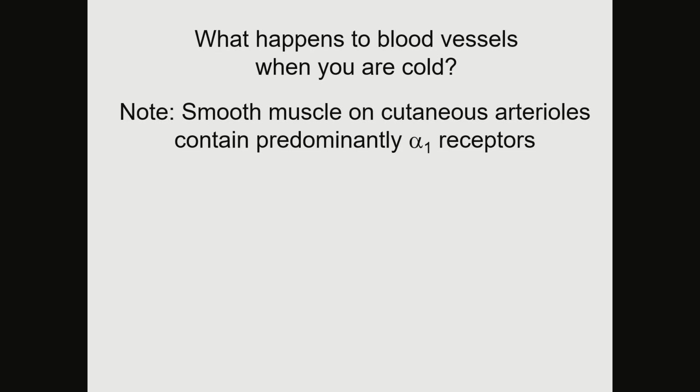Smooth muscle on blood vessels to our skin contain predominantly alpha-1 receptors. And so when norepinephrine, which is released from our sympathetic neurons, binds to the alpha-1 receptors, what do you think it causes? Contraction of smooth muscle and vasoconstriction.